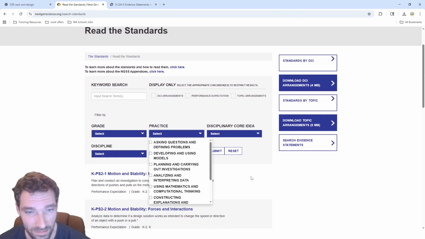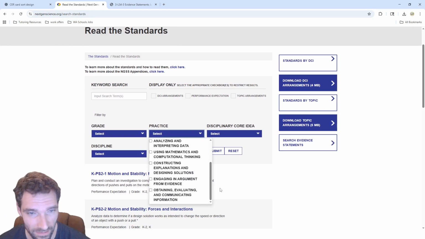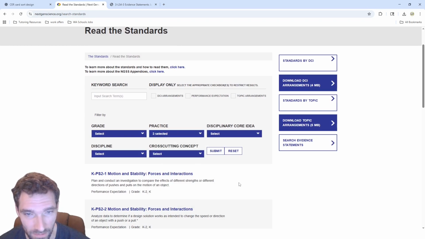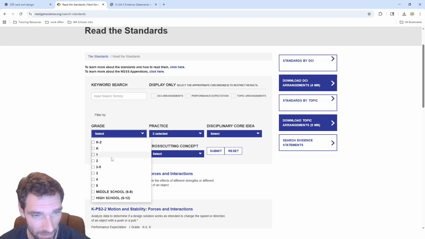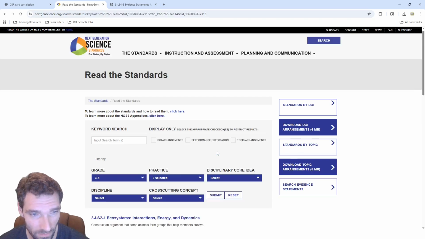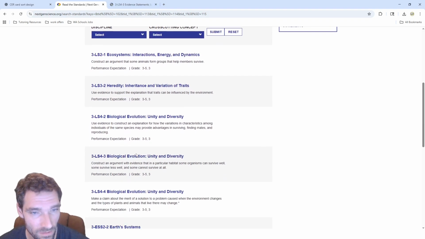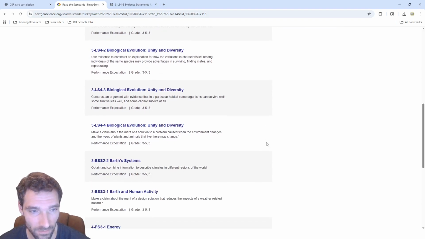And these practices that are most relevant for CER are going to be the last three right here. You can highlight that and select a different grade level. Also 3rd through 5th grade, you can look at all of the ones that are in that range, and you can see that we've got 4-3 right here, as well as other ones that are fairly closely related, things that a CER might be appropriate for.